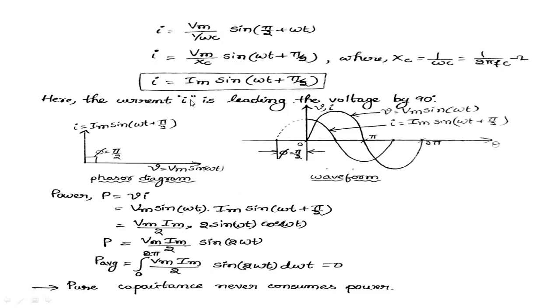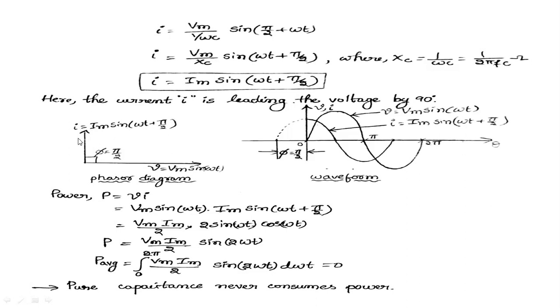Then here I am getting the capacitor current. Here the current I is leading the voltage by 90 degrees, as given by the phasor diagram. The phasor diagram represents the voltage V equals Vm sin omega t and I equals Im sin omega t plus pi by 2.